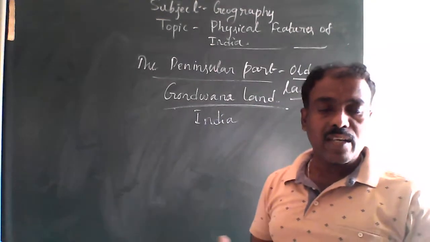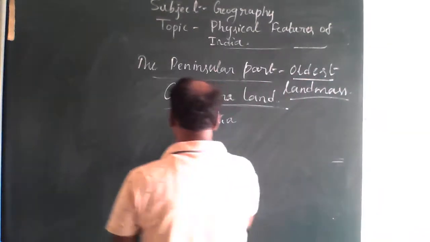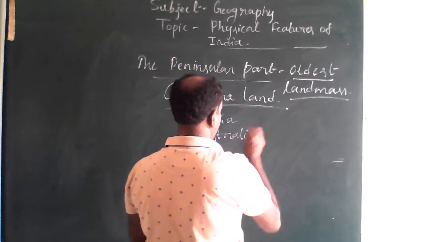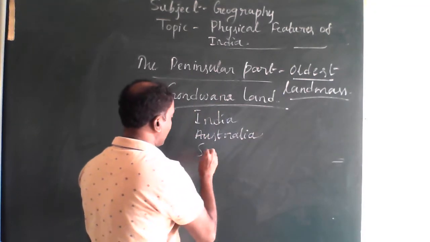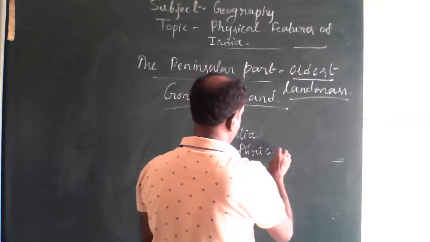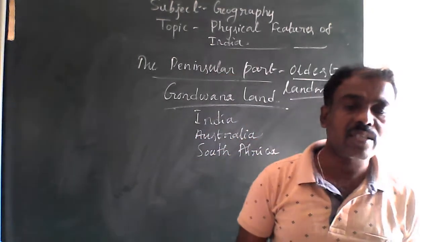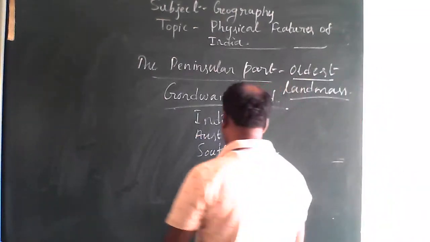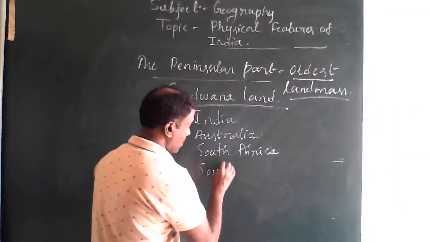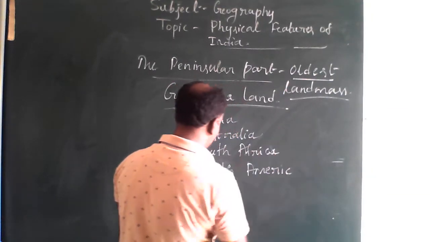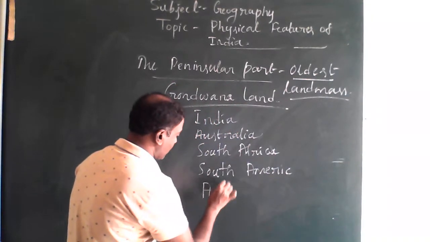Not only India, there are many: Australia and South Africa, India, Australia, South Africa, South America, and also Antarctica.